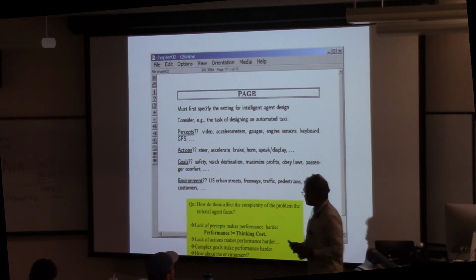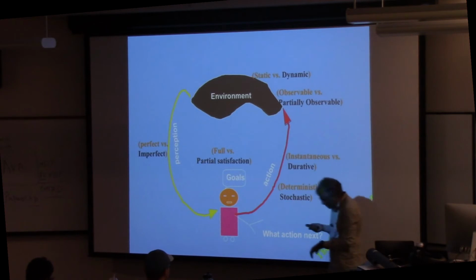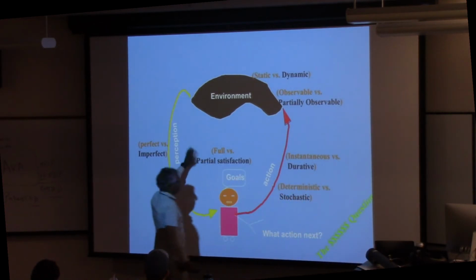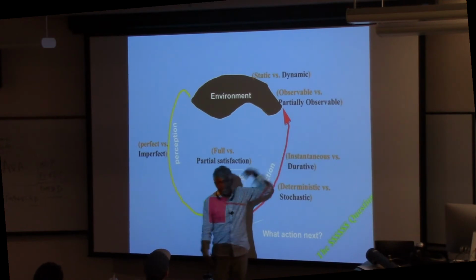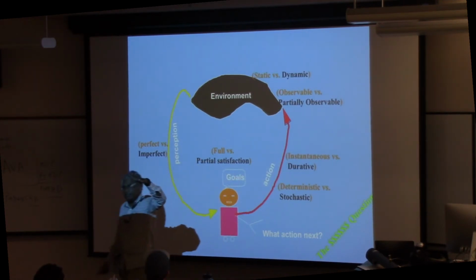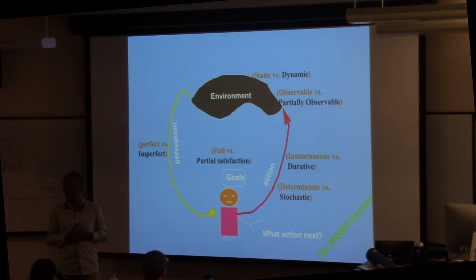Okay, so how about the environment? The environment itself is connected to all of these. The actions that I have may be instantaneous: the moment I do the action, the effect is observed. Or durative: I make this action, and after a bunch of time the effect is observed. In the real world, both kinds of actions are there.